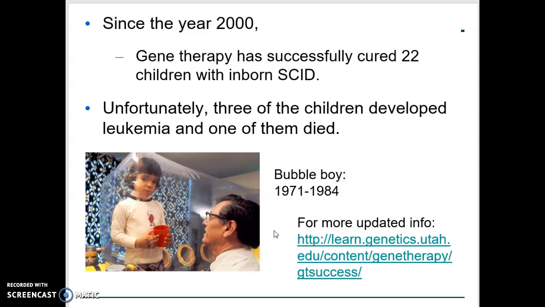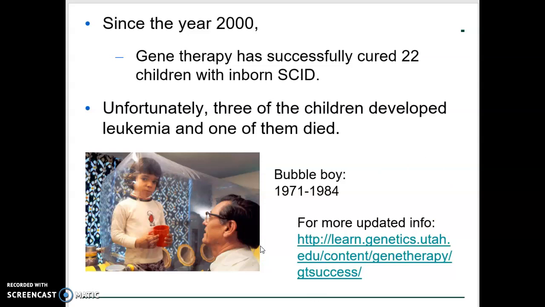So unfortunately, 3 of the kids that they used this gene therapy on developed blood cancer, leukemia, and 1 of them died. So this is not a procedure you want to take lightly. There's some cool information at this link if you'd like to follow up on that.